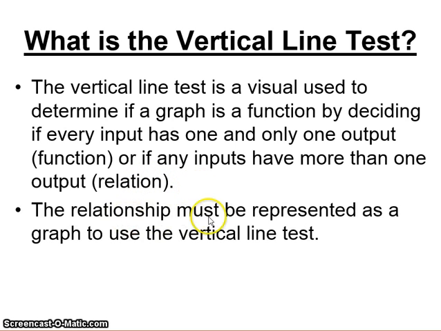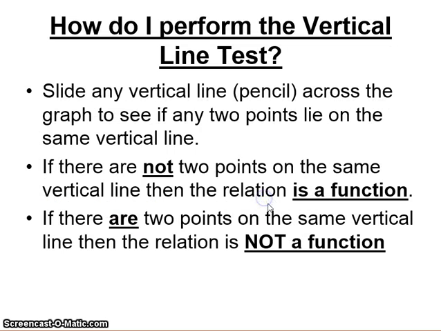The relationship must be represented as a graph in order to use the vertical line test. The vertical line test only works if the relationship is graphed. So how do you perform the vertical line test? So here's how you do it. You slide any vertical line, such as a pencil, across the graph vertically up and down to see if any 2 points lie on the same vertical line.